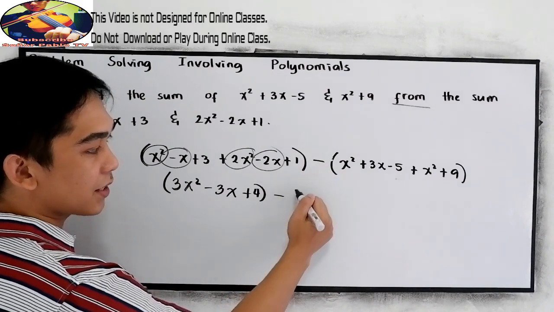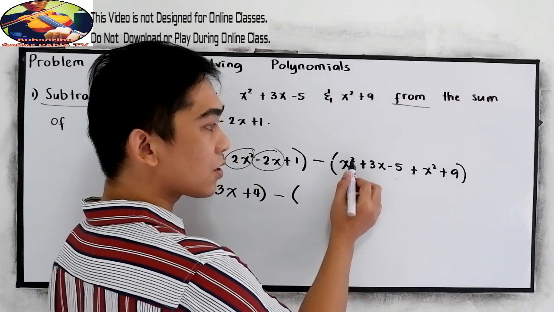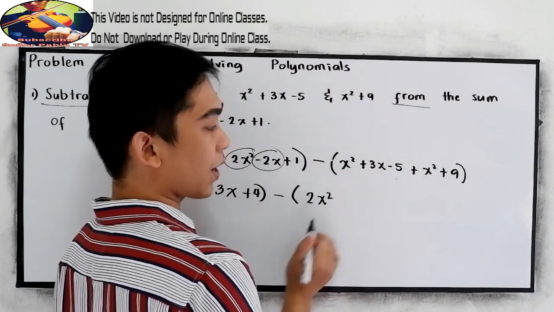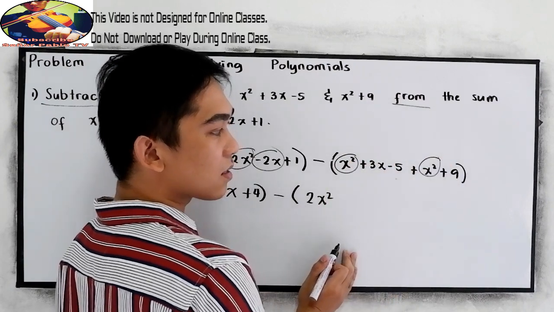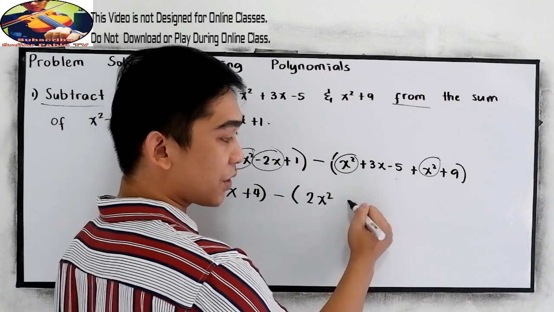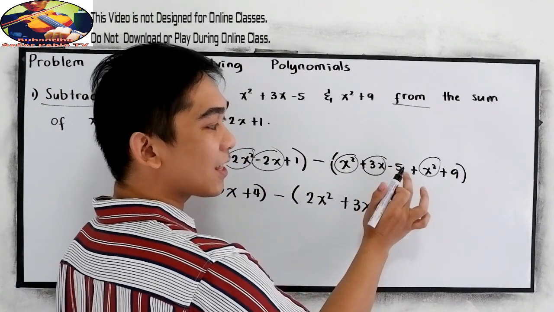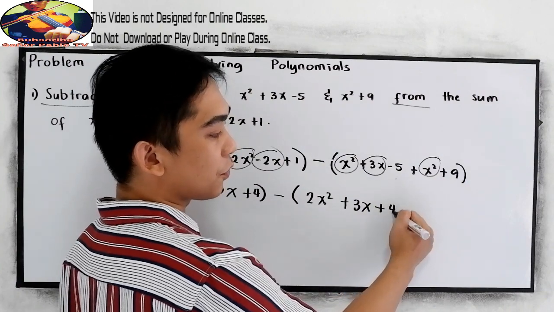Copy the minus sign. Now combine like terms. x squared plus x squared, that is 2x squared. We're done at x squared. Next, for the x, we only have 3x, so just copy 3x. Negative 5 plus 9, that is positive 4.